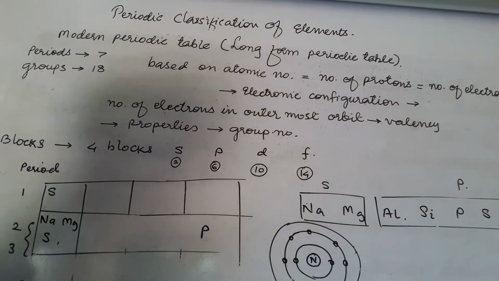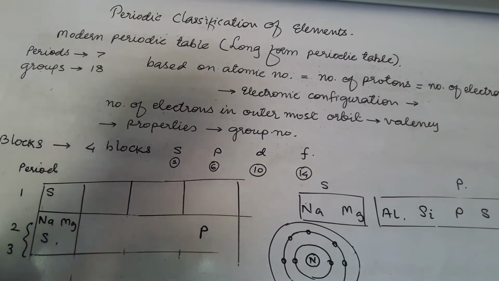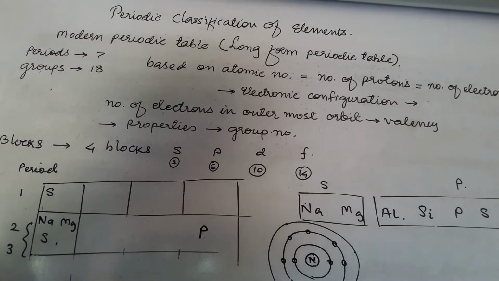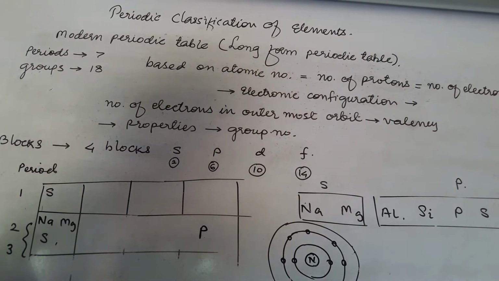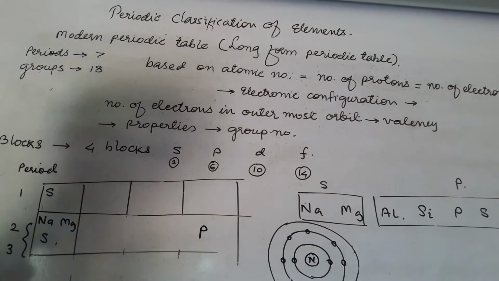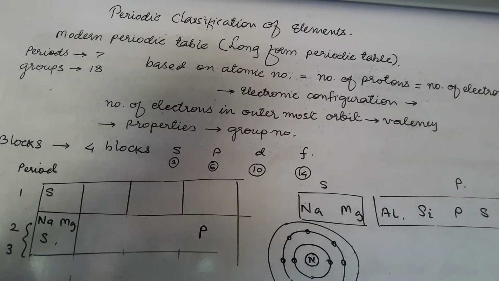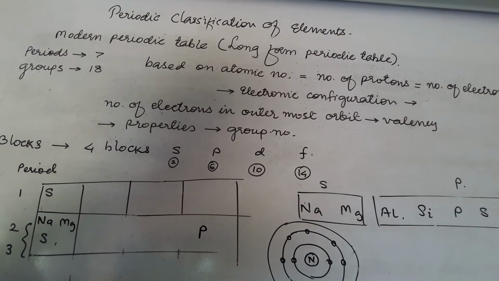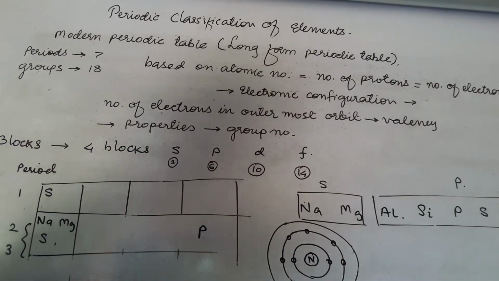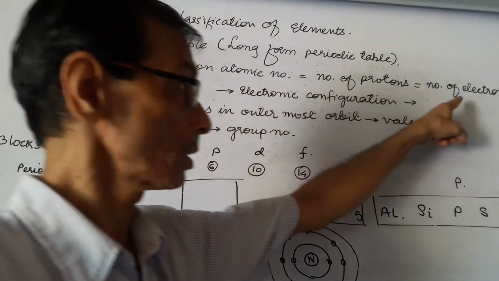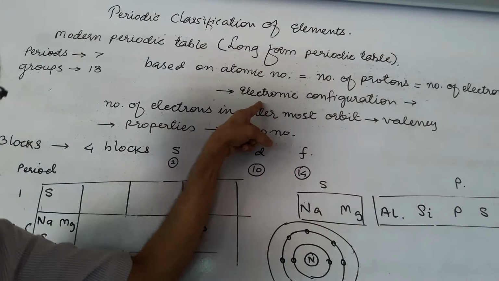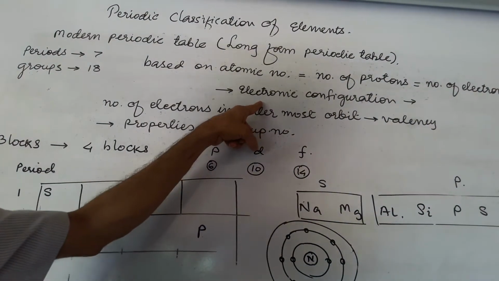But later on, in the 20th century, when the atom was found to be divisible, in an atom they found three particles: electrons, protons, and neutrons, in which the number of protons is fixed, and we know that the number of protons is equal to the number of electrons. The number of electrons gives the electronic configuration.